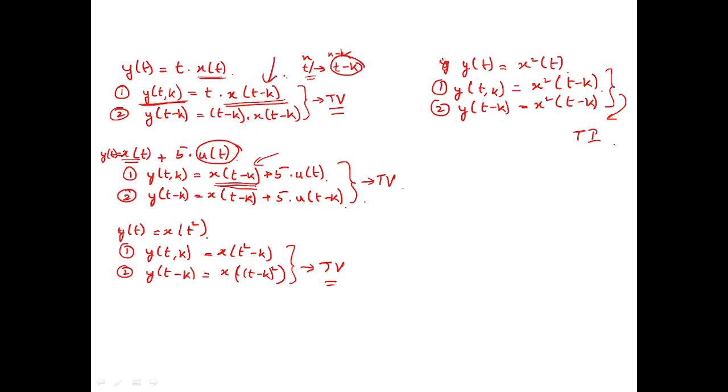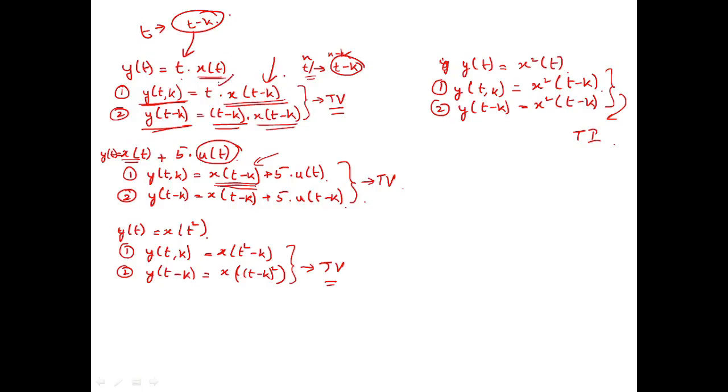On the other hand, in the second case, we have to find the output when the time is replaced with t minus k. So when we go for t minus k, this t will also change to t minus k, and x of t minus k. So in the second case, t will be replaced with t minus k.